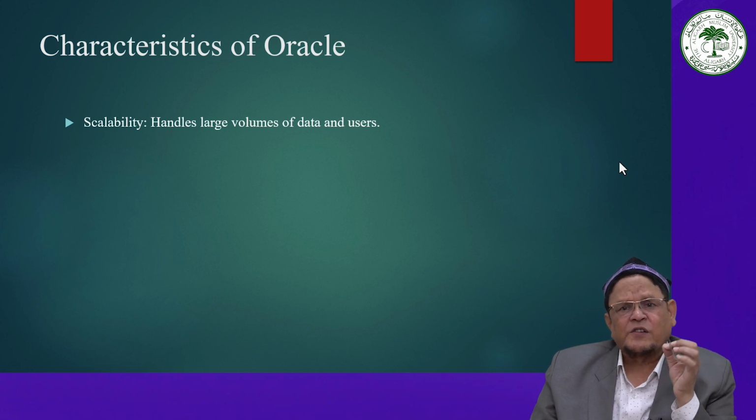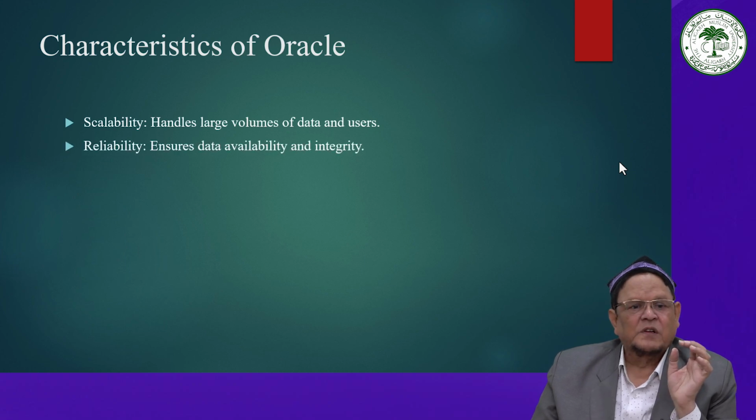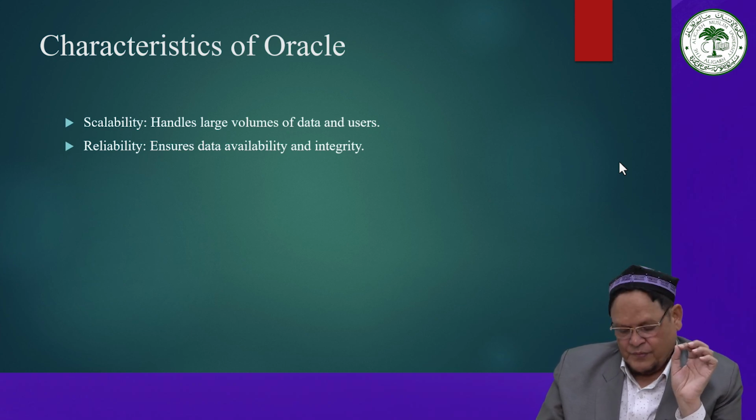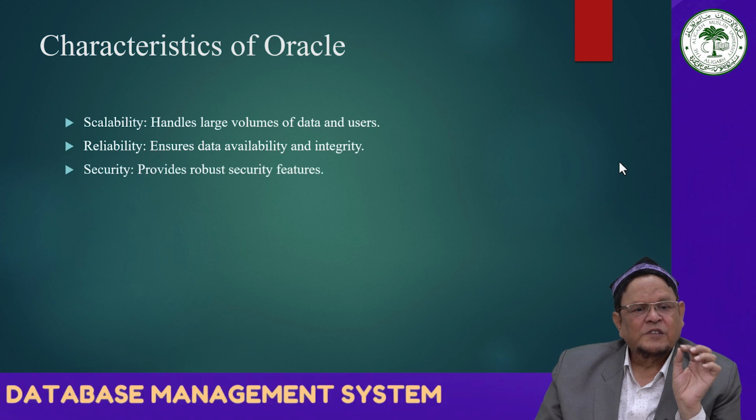The first characteristic of the database is scalability. It handles a large volume of data and users. Next is reliability. It ensures that the data is available and intact. Security.